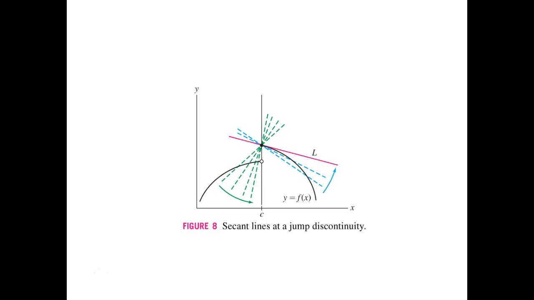Well, the limit of these blue ones is your red line here. There is no limit that you're reaching as you get closer and closer here, except the vertical line, which is a line. It's not a function. So that's the problem that we get at discontinuous functions.